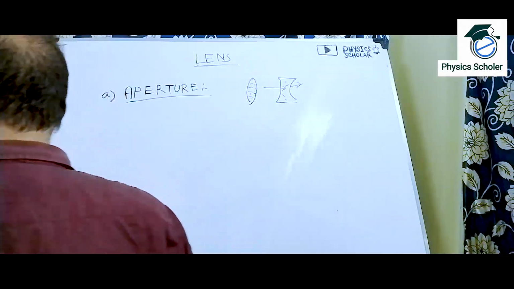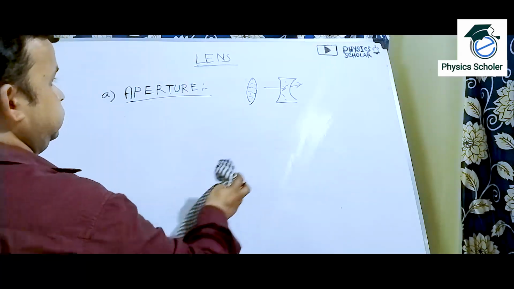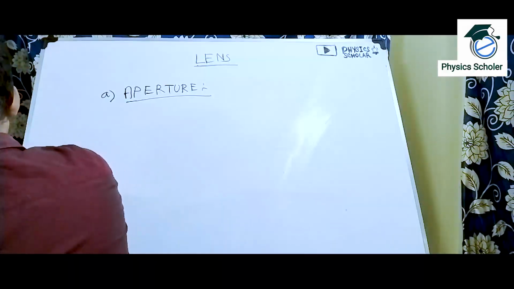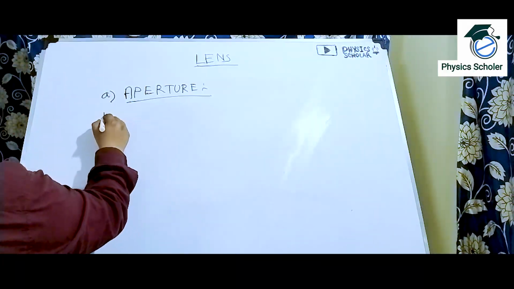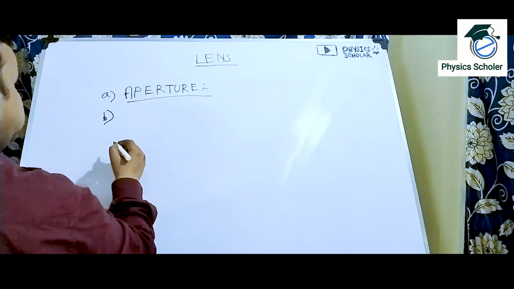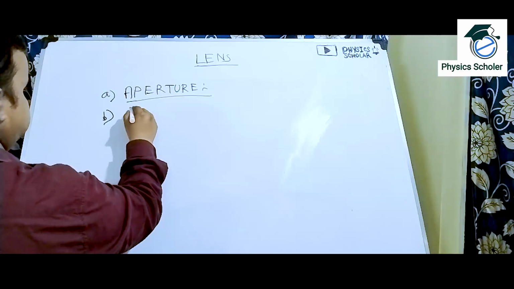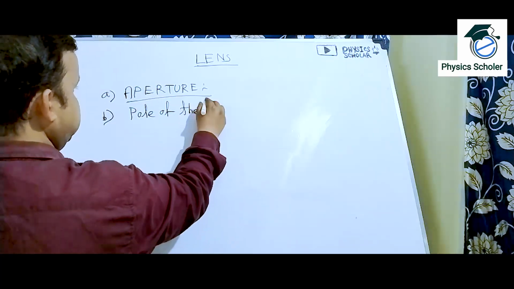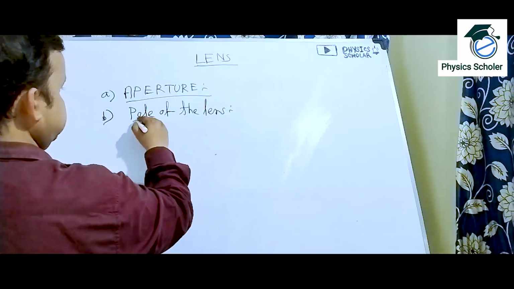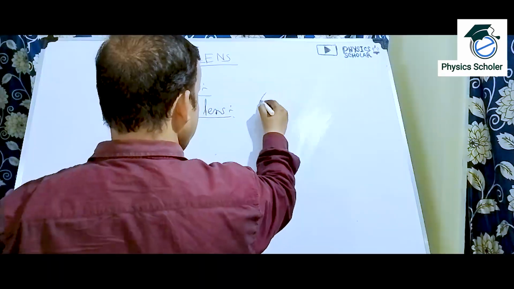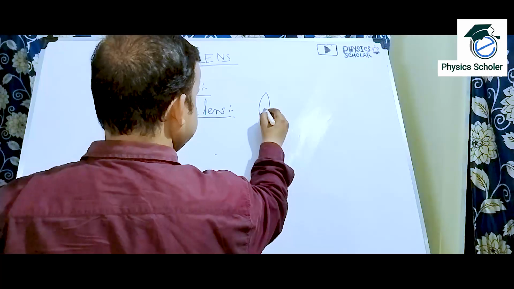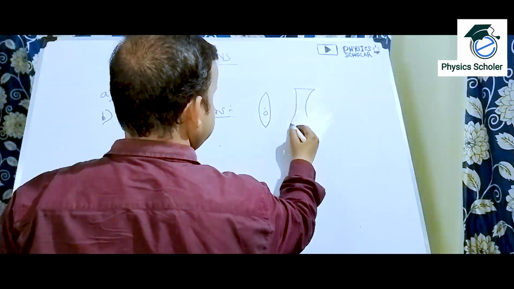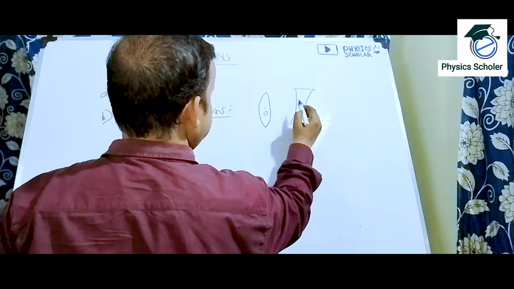Now, the pole of the lens. Pole of the lens means the middle point, the center point of the lens.